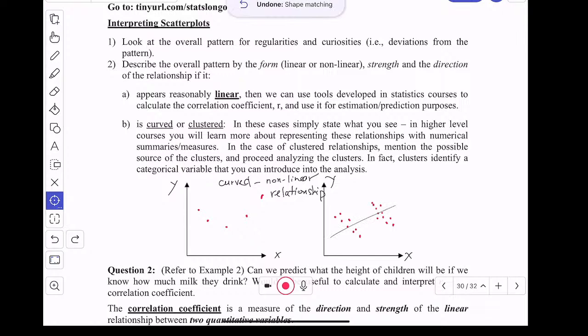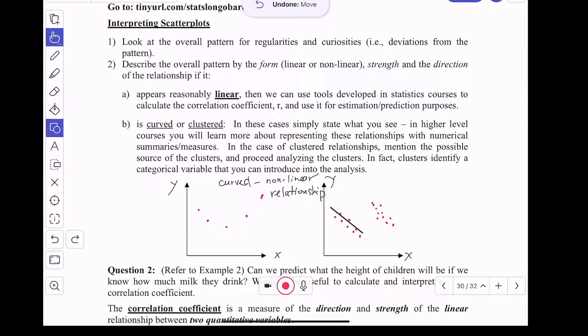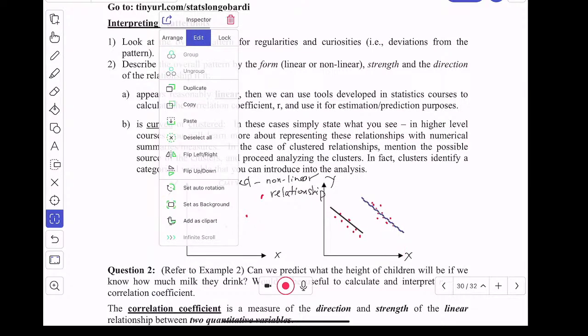Rather, it makes more sense to see a line that is... that's not a good line. Let's try and move that. There.